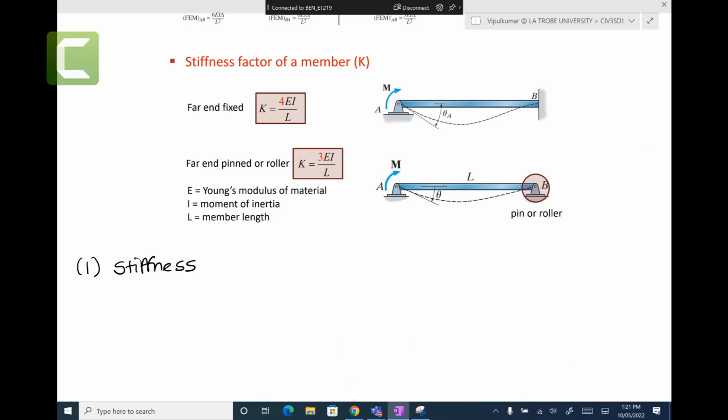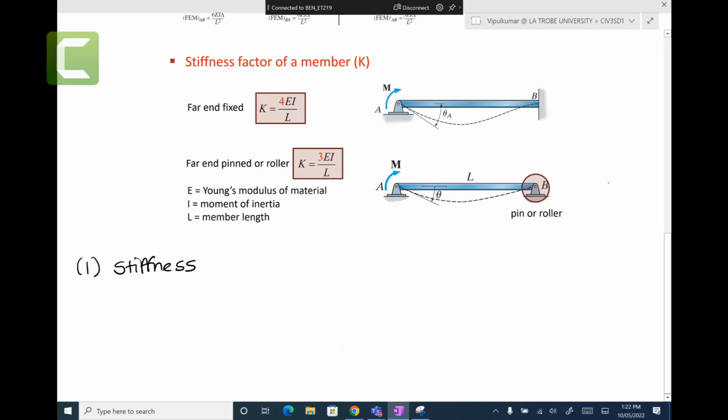If someone says 10 Newton per meter stiffness and someone says 5 Newton per meter stiffness for the beam, let's say I have a beam here. This beam is 5 Newton per meter stiff. This beam is 10 Newton per meter stiff. What does it tell you? So what is stiffness? Hard to bend. Yes.